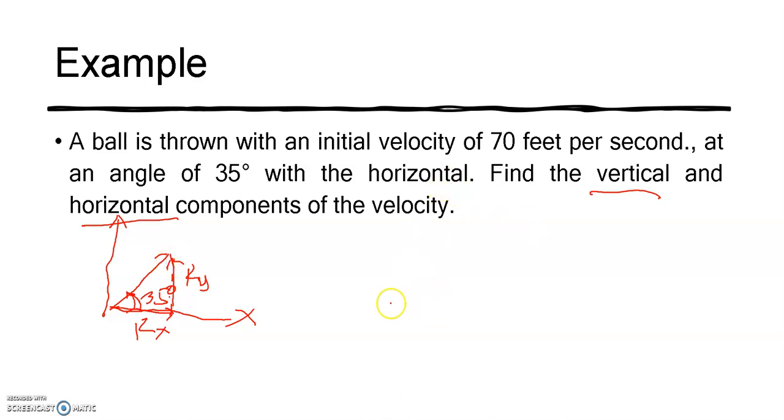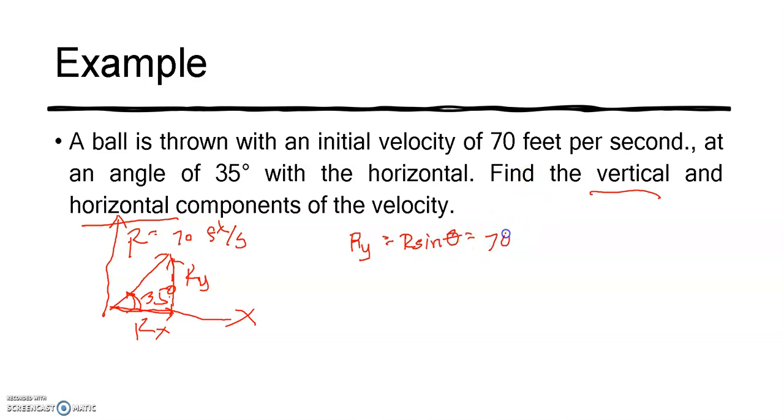Next thing to do is to solve for its value. Since R is given as 70 feet per second, if we first get the vertical component, Ry is simply equal to R sine of theta. What is R sine theta?